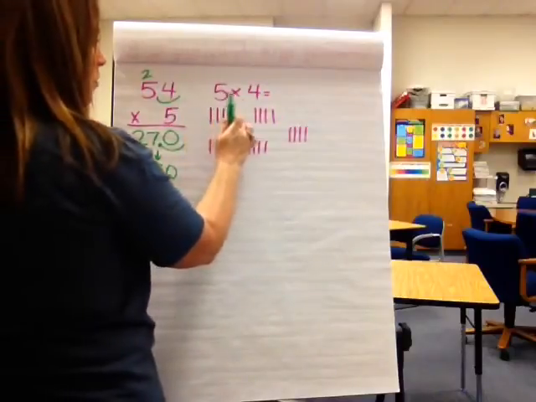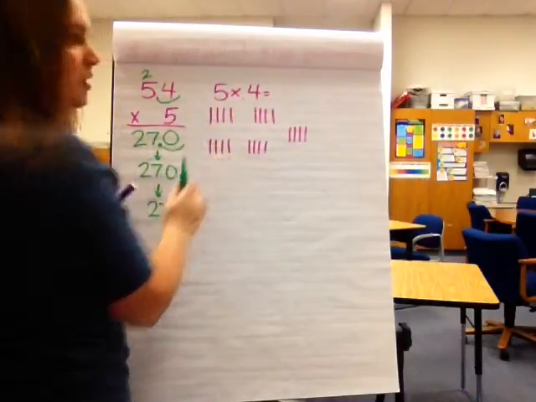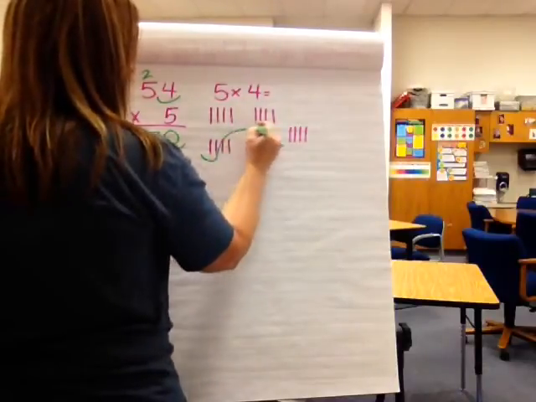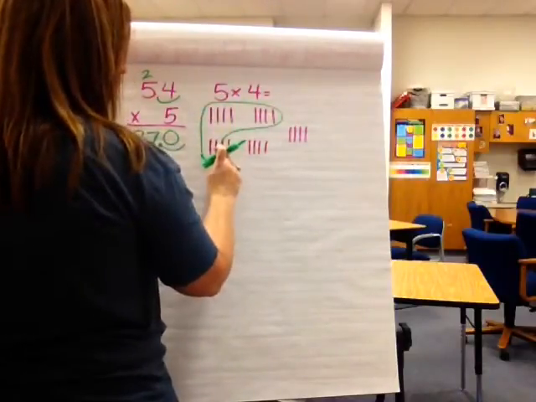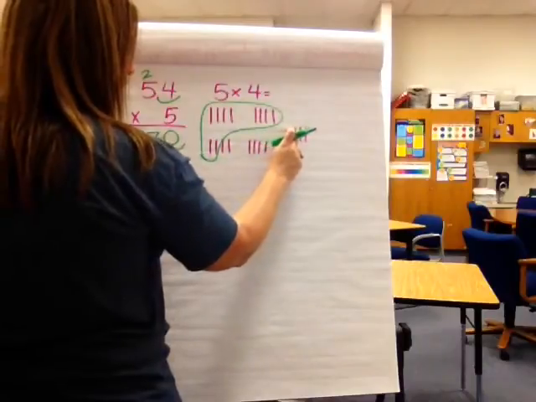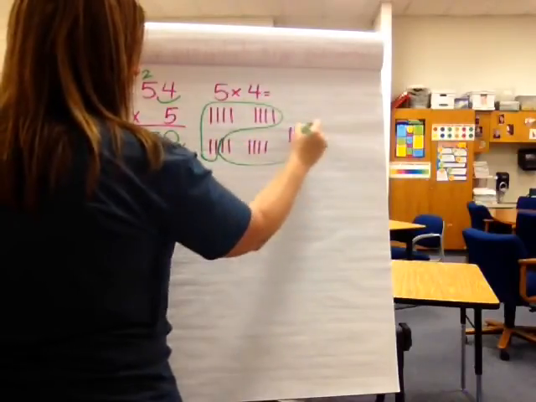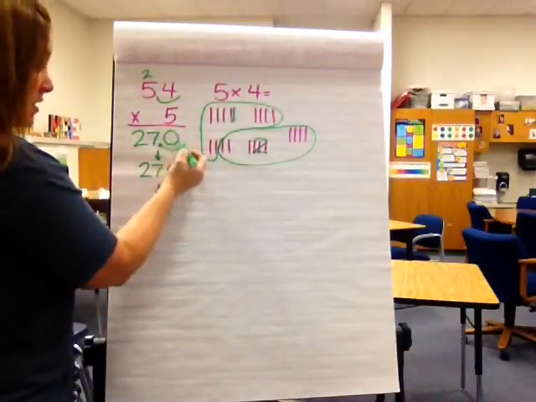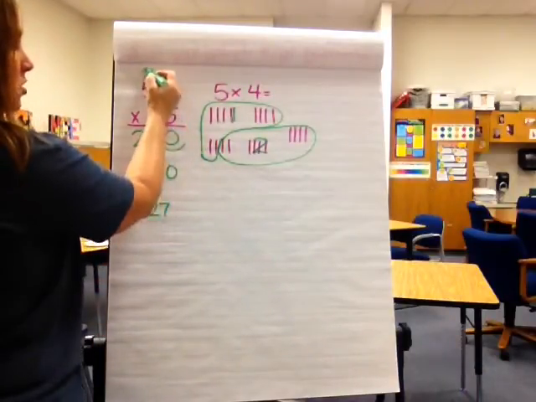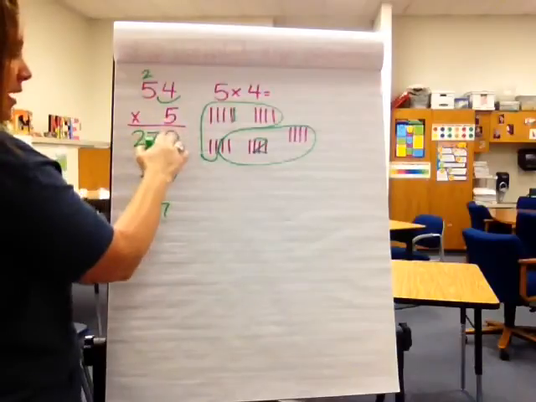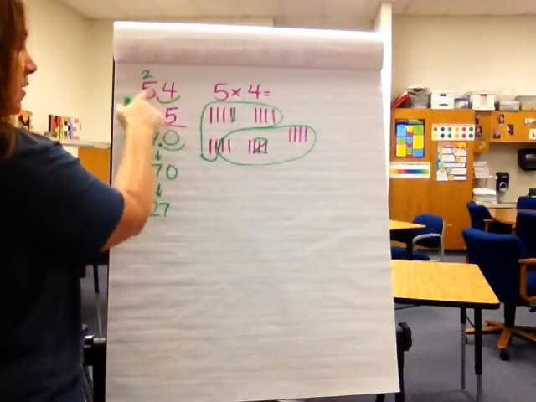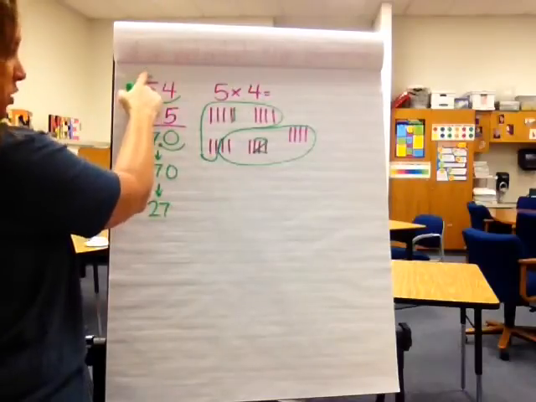So 1, 2, 3, 4, 5, 6, 7, 8, 9, 10. 10 tenths is 1 whole. 1, 2, 3, 4, 5, 6, 7, 8, 9, 10. There's my second whole. There's my first whole. That's why it's 0 tenths 2 wholes. Then I'm going 5 times 5, because there's 5 wholes times 5 wholes. 5 times 5 is 25. 26, 27 wholes.